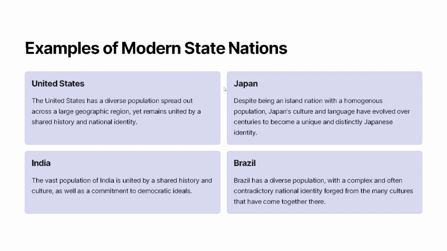So India comes into the category of modern state nations because it has Muslims, it has Jews, it has Hindus. Next is Brazil. Brazil has a diverse population with a complex and often contradictory national identity forged from many cultures that have come together there.